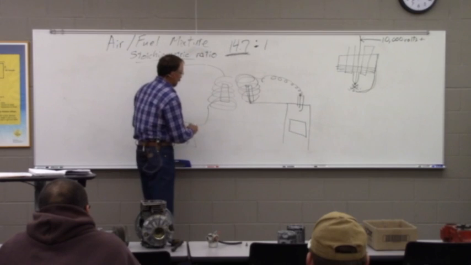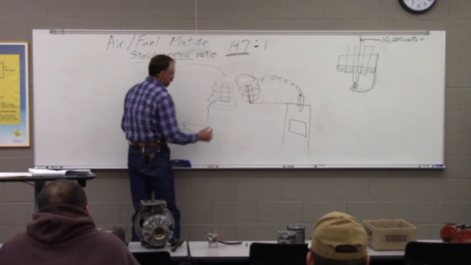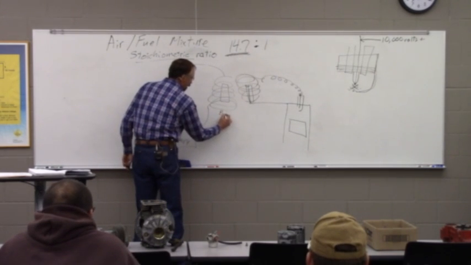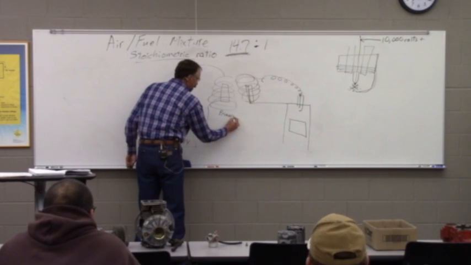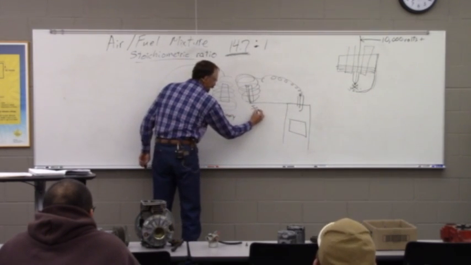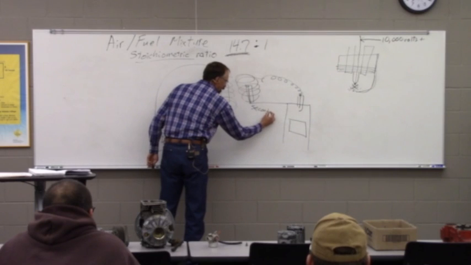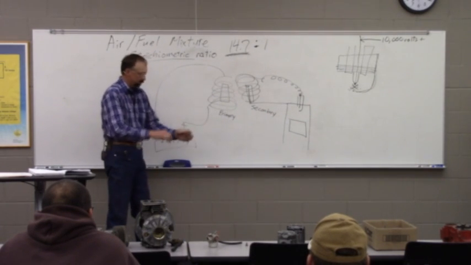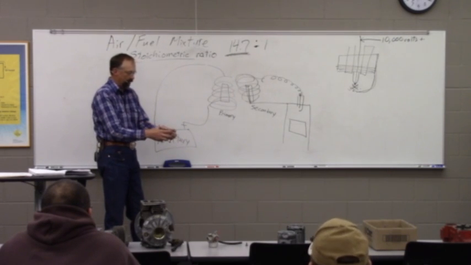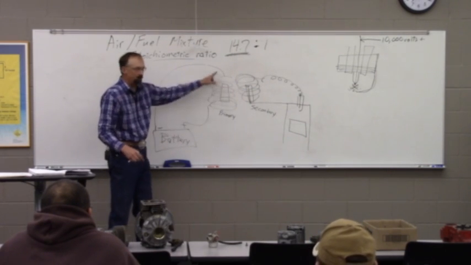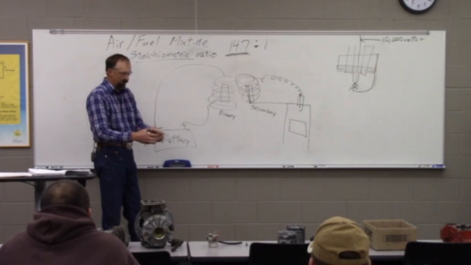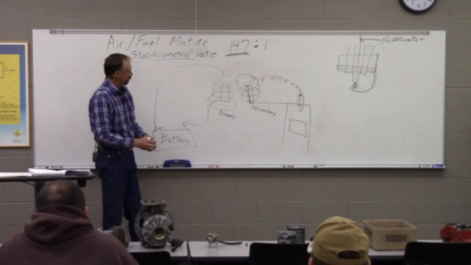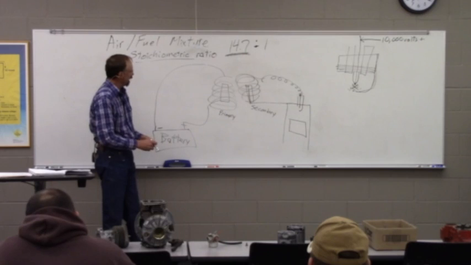So this, in automotive coils, is known as our primary coil, and this is known as our secondary. And they're actually made one inside the other, so they both are around the same iron core. And it works incredibly well.